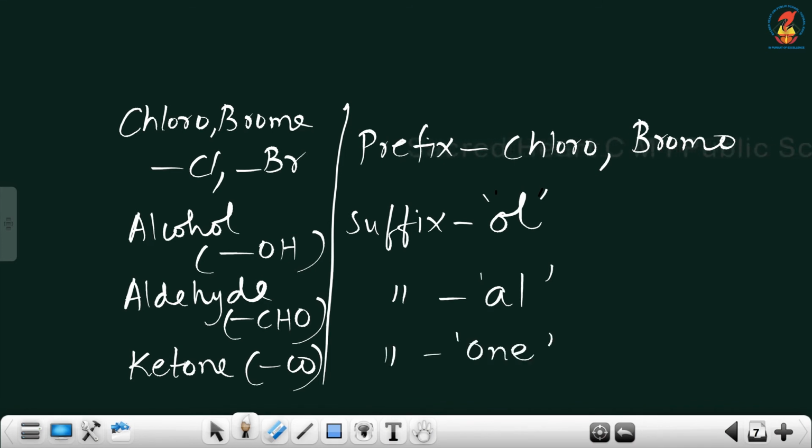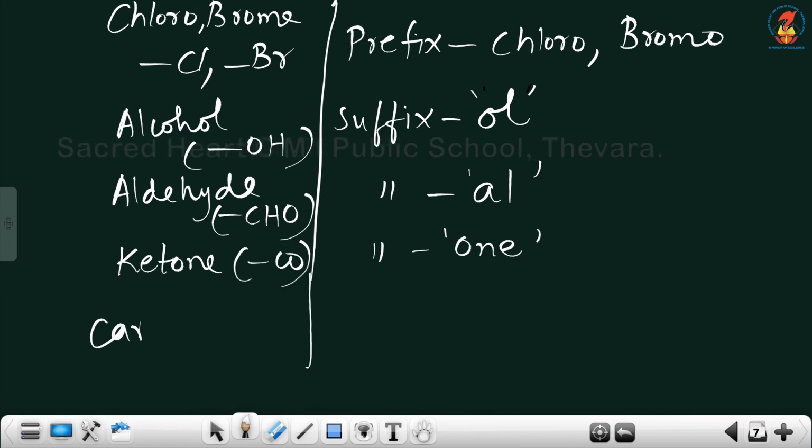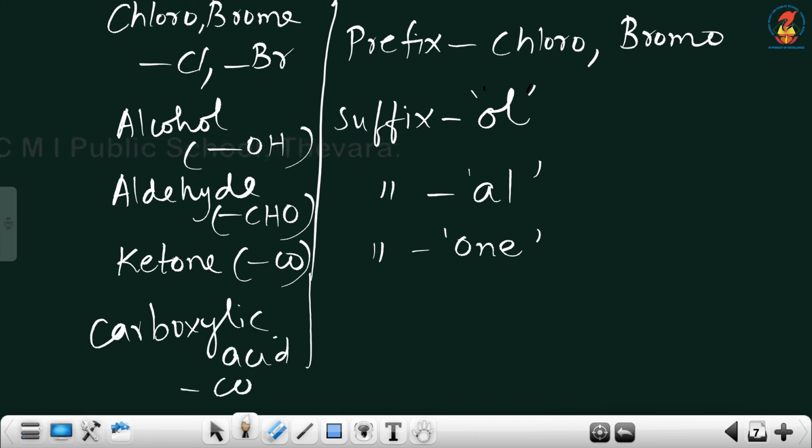E should be deleted and you add ONE. And the last one is carboxylic acid. Let us see what suffix is to be added. Carboxylic acid, COOH group, the suffix is oic acid. The final E is deleted and we add the suffix oic acid.